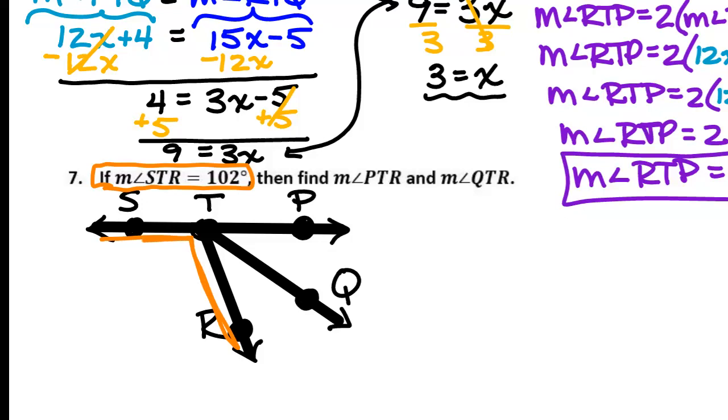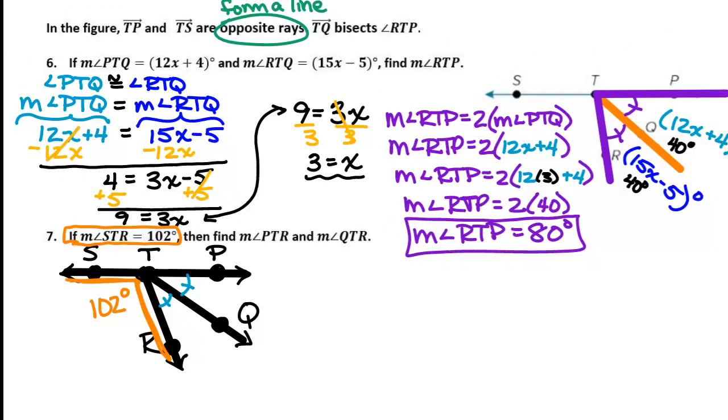So this angle right here is 102 degrees. And what do we know about these 2 angles right here? They're congruent because they told me back here that TQ bisects RTP. So these 2 angles are the same size. And we have to somehow figure out how big PTR is and then how big QTR is.